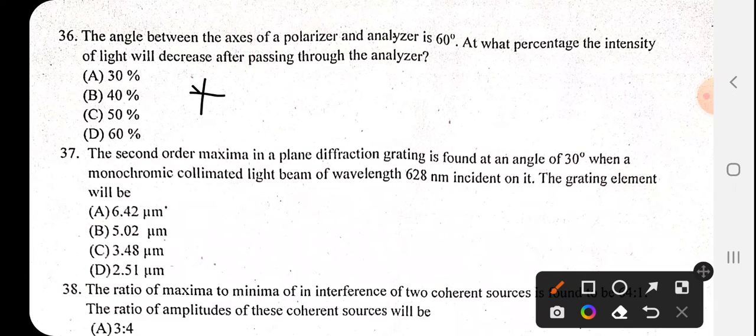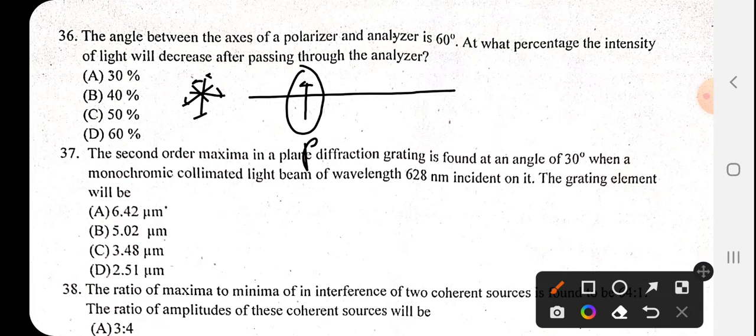Actually this is an unpolarized light. Okay, unpolarized light, when it passes through the polarizer at first, becomes polarized. After this it will tend to make a certain direction, then when it passes through the analyzer, suppose it makes an angle theta.